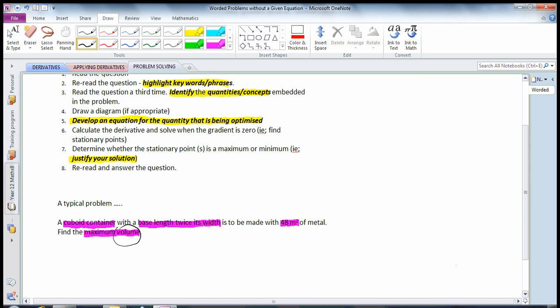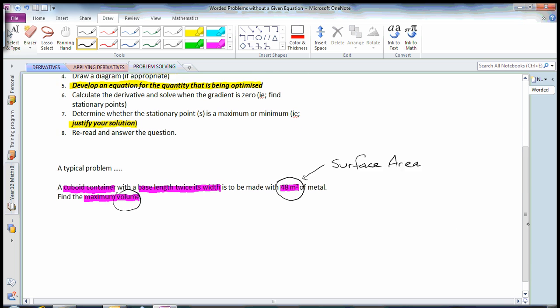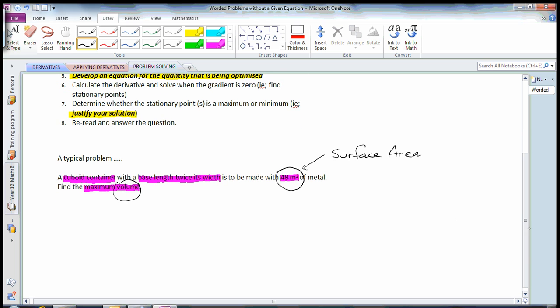The other one is not so obvious, but it's to do with the 48 meters squared of metal. What that tells us is that we are dealing with surface area. So I'll make a little note there that I'm also thinking about surface area. So I've got two things going on here: surface area and volume, volume being the one that I want to optimize.